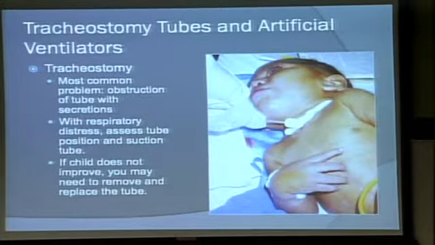If it doesn't improve, you may have to remove and replace that tube. Generally speaking, they will have one at the scene to do that, because the special duty nurses will change them at times too. You get called when the nurse isn't there.